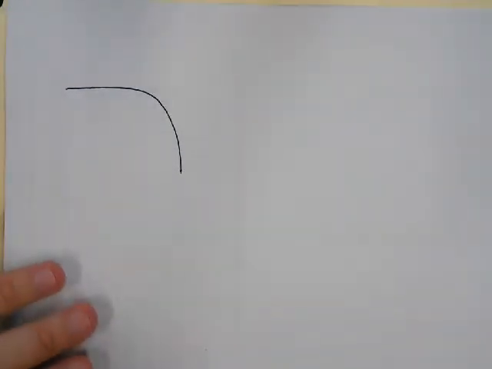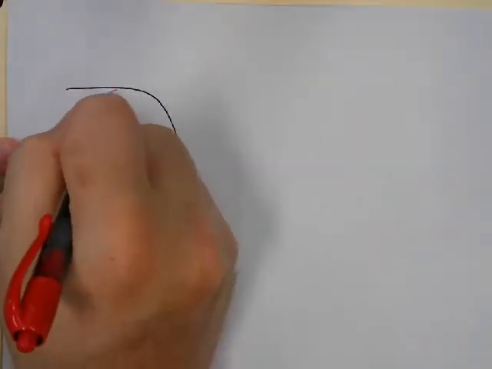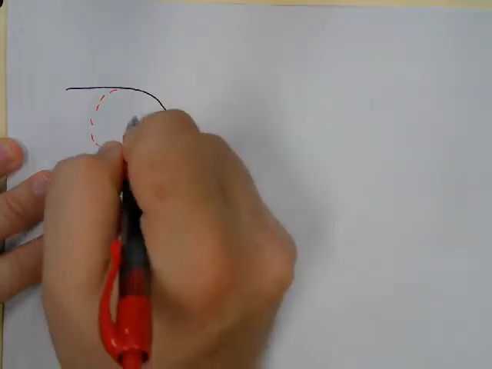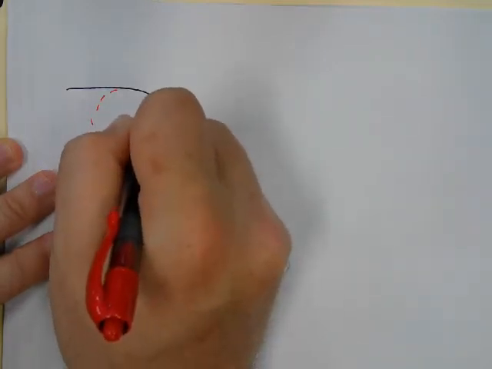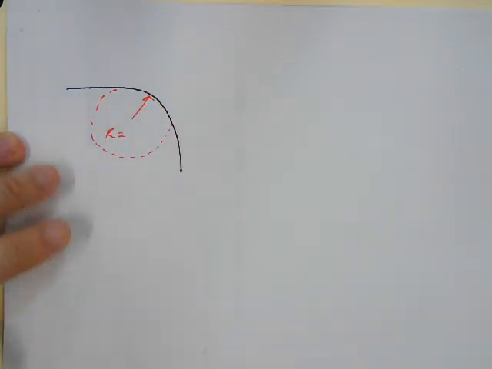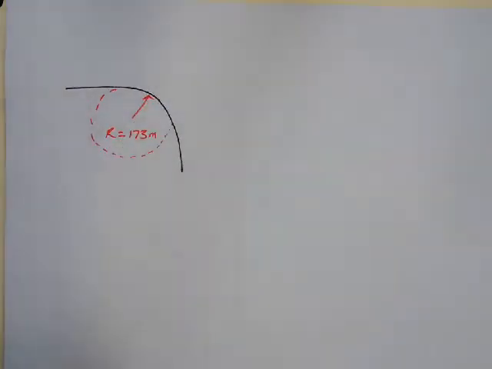And we can describe the radius of this, right? So in red here, I want to put in that there is a circle here. And the radius of this turn is going to be 173 meters. Trains need a nice slow curve like this.